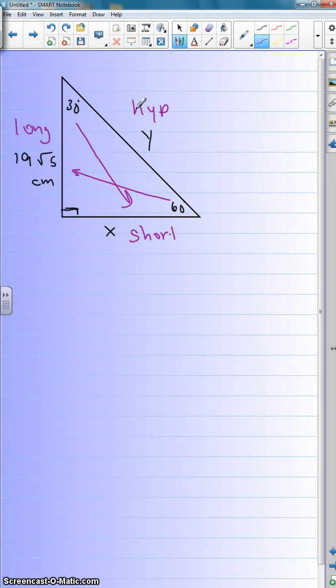That means I'm going to have to go back to the short. Remember the ratio again is 1 to square root of 3 to 2. That means that I need to take my long and divide by the square root of 3 to get back to the short, or use the formula which says short times square root of 3 equals long.